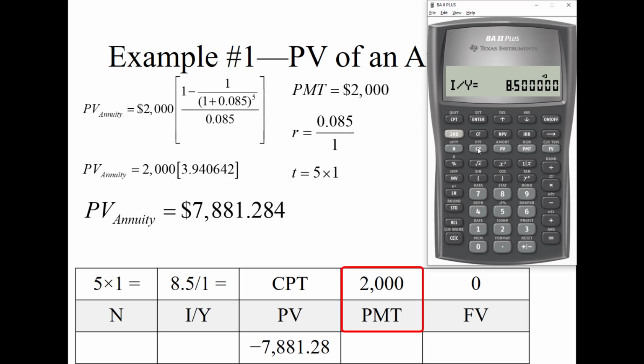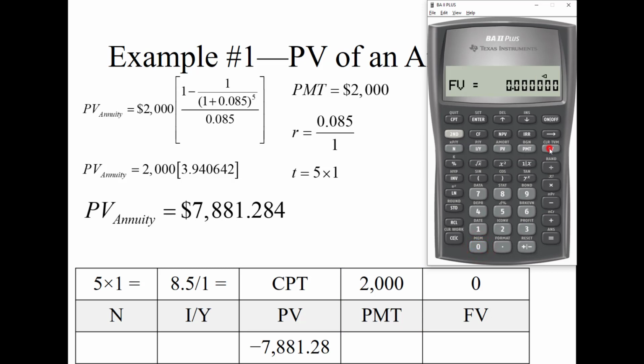In this case, our payment is going to be listed as a positive amount. And the reason I'm going to list it as a positive amount is because that's how much we are going to receive. It's going to be a cash inflow to us. So I'm going to type in 2,000 and then PMT. Our future value is going to be 0.